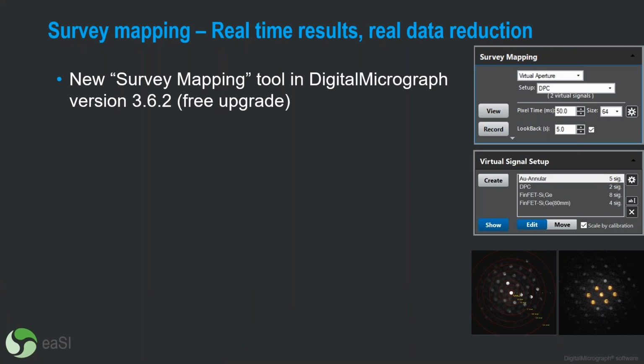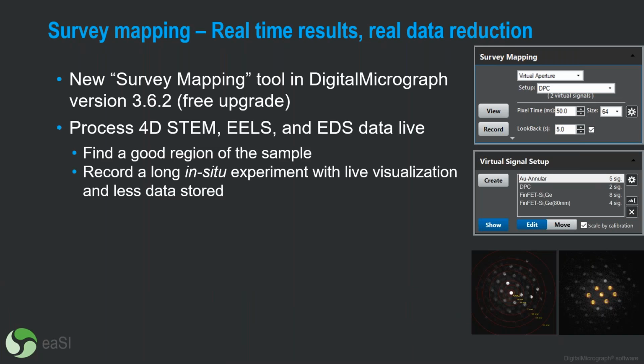If you have 3-point-something, you can always upgrade the software for free, and so this is no different. If you already have the capability to do in-situ 4D STEM in DigitalMicrograph, then when you upgrade to 3.6.2, you'll get this survey mapping tool with all the capabilities that I'm showing here today.